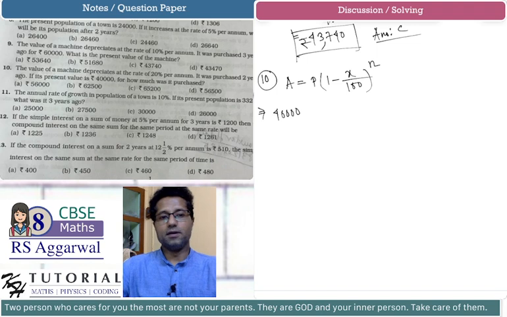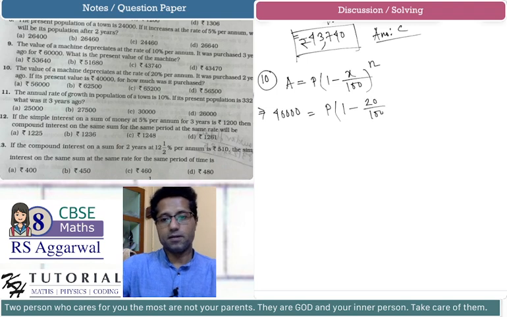So definitely P represents the value 2 years ago, and 2 years later, that is currently, the value is 40,000, which is A. So this is equal to P multiplied by (1 minus 20 by 100) to the power n, and n is definitely 2.